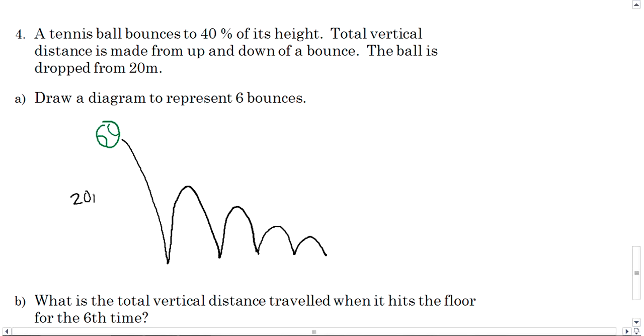It's 20 meters here. And it goes like this. So this is one bounce. Second bounce. Third bounce. Fourth bounce. Fifth bounce, and we gotta have one more. Sixth bounce.